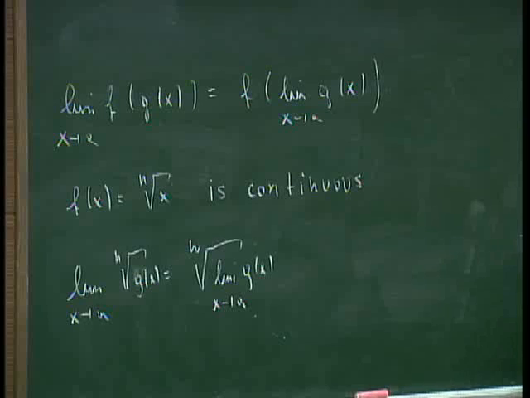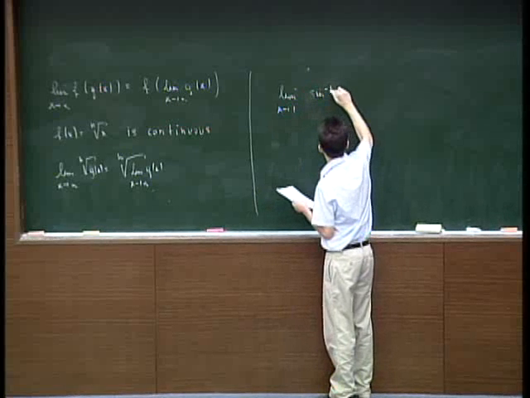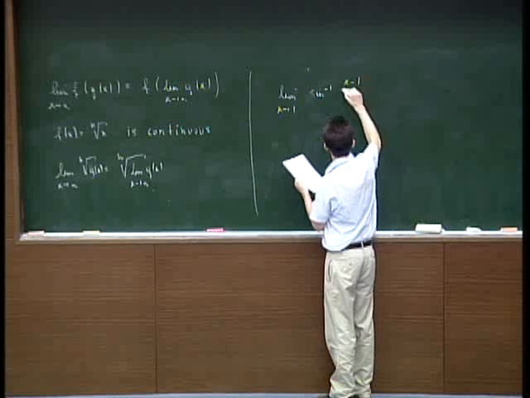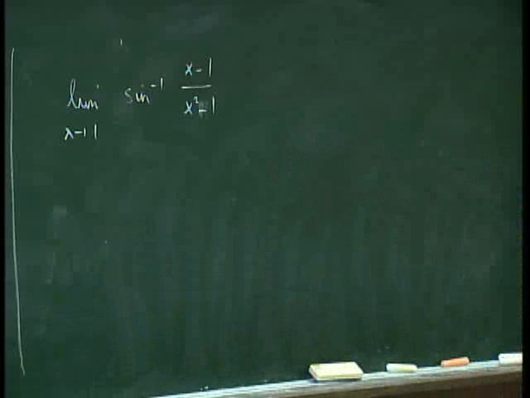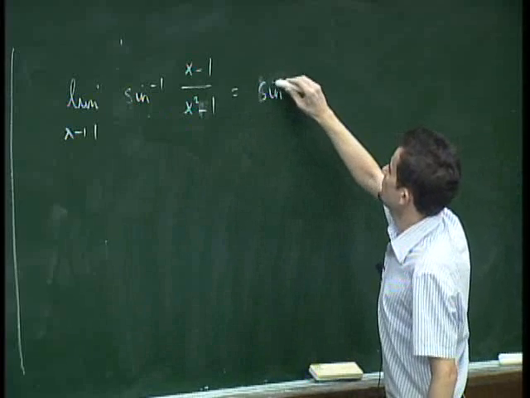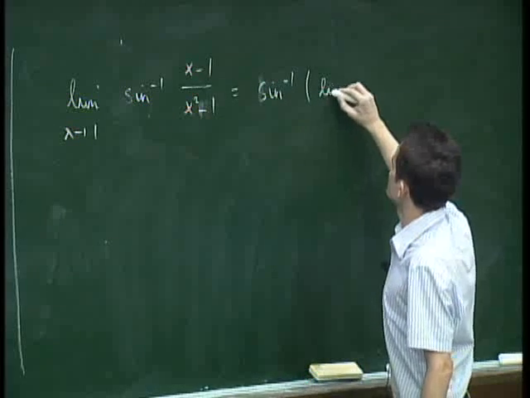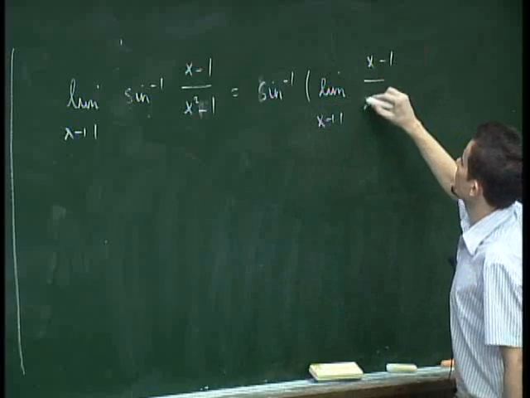Now, this property is sometimes very helpful. I have a very easy example. For instance, if you have something like this here, because we know that inverse trigonometric functions are continuous, you can write this as the inverse sine of the limit as x tends to 1 of x minus 1 over x squared minus 1.